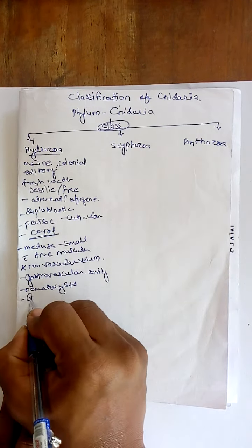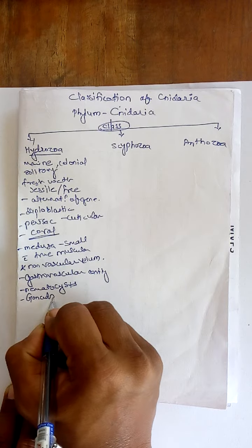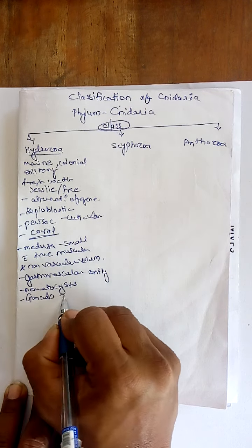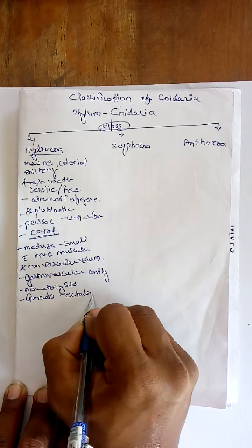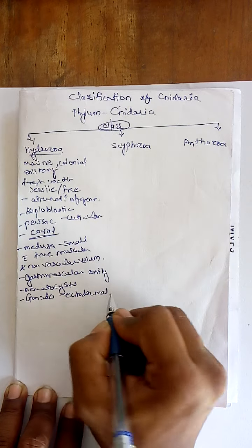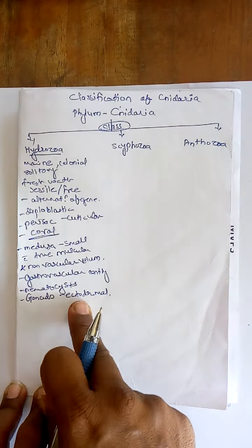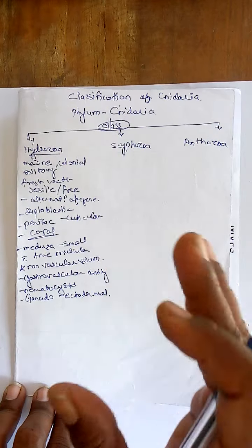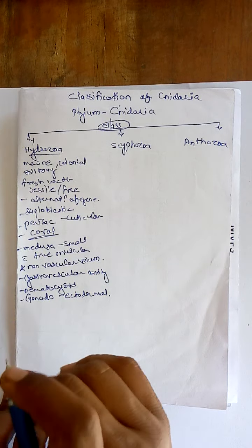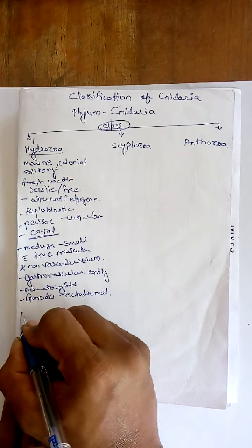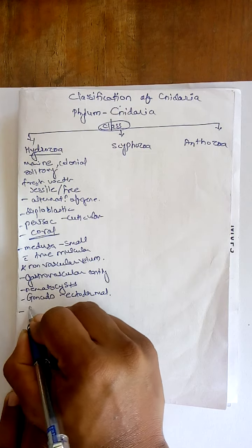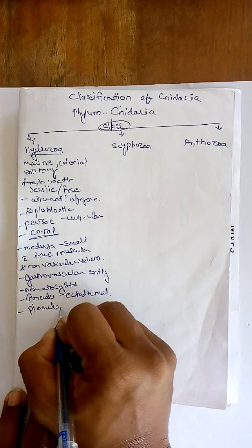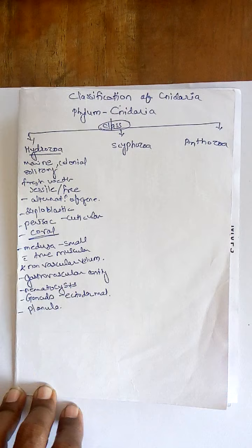Then the gonads are present, ectodermal in origin, and they discharge their secretion externally into the water. The embryo is ciliated, and a planula larval stage is there.